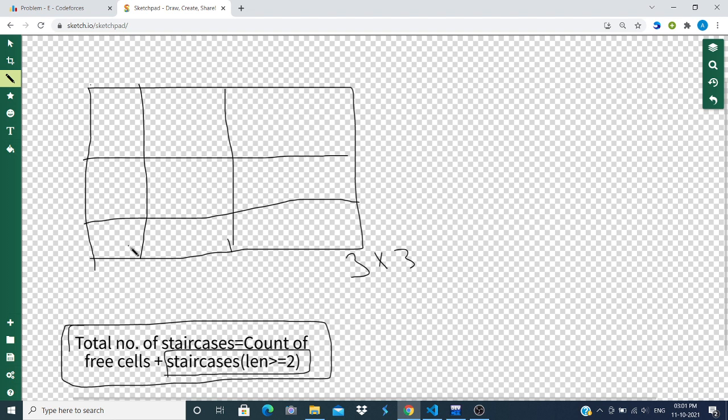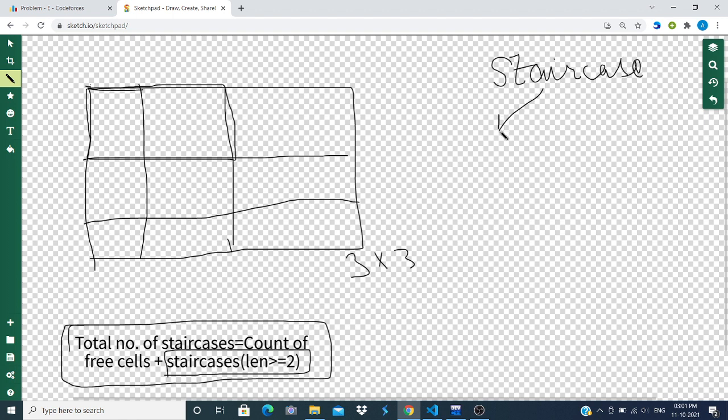First we will see how we can calculate this if all the cells were free. For example, one of the staircases can be like this, and moreover, I categorize my staircases into two types.